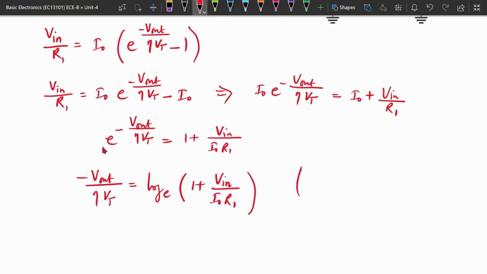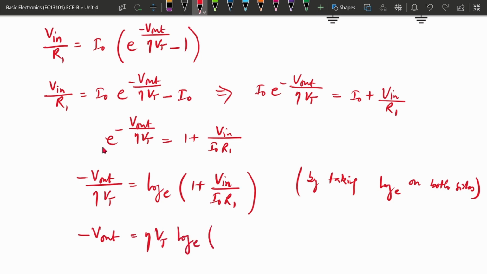So this is by taking log on both sides. Now we get minus V output equals eta Vt log to the base e of 1 plus V input by I naught R1.